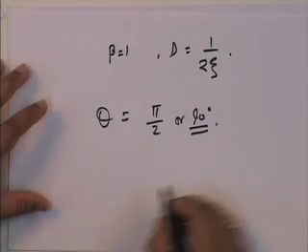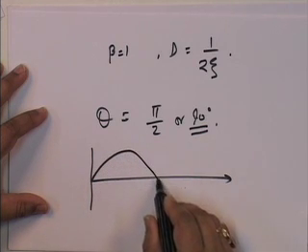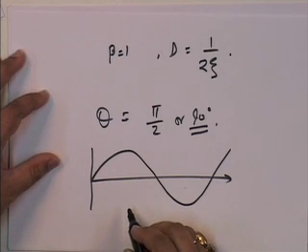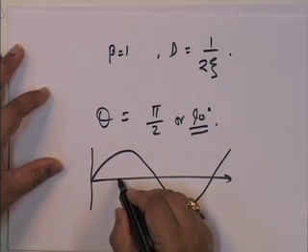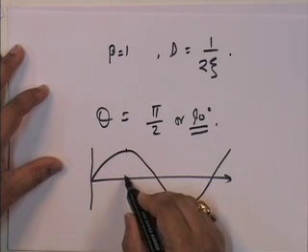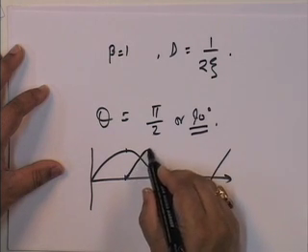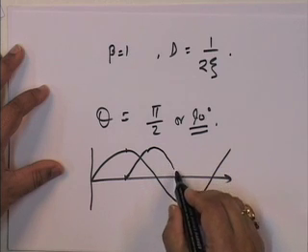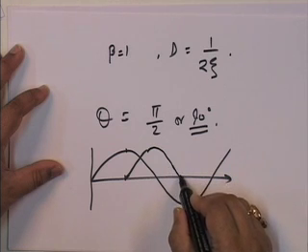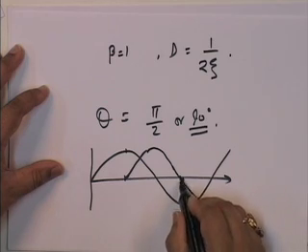What it means is that if this is the load, then the response is of the following type, where this is maximum, this is 0, and where this is maximum, this is 0 again.